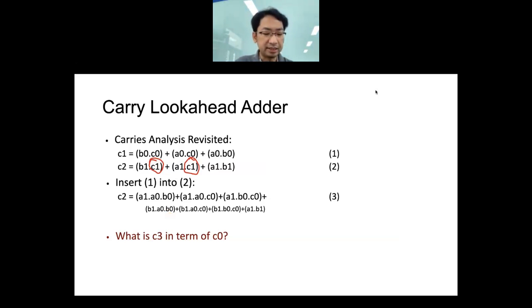The question here is, what about C3? If you go back to the previous slide, you notice that C3 is equal to B2 C2, or A2 C2, or A2 B2.